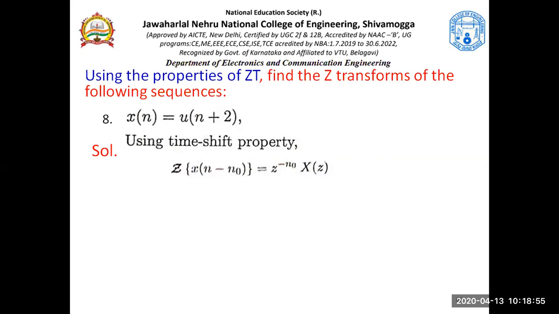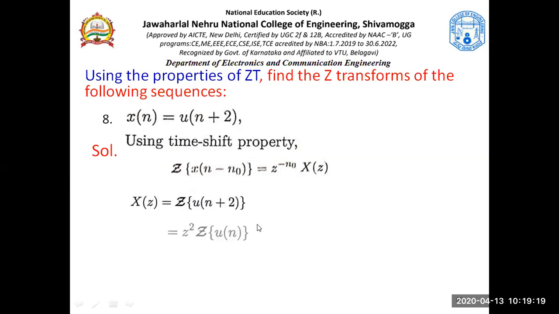So how is it going to look if we apply z transform on u of n plus 2? Basic signal is u of n. So the shifted signal is u of n plus 2. We are applying z transform on u of n plus 2.